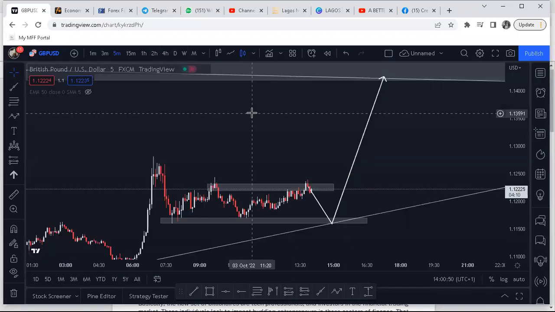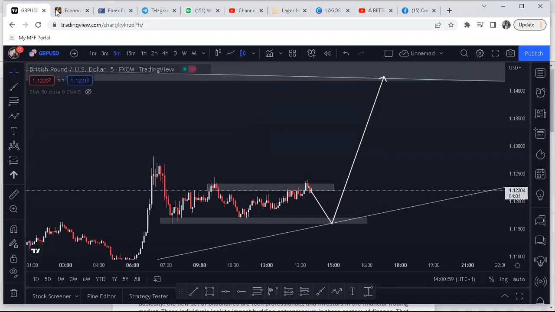Yes, 1.144. So let's just say about 1.143. That's the trend line.